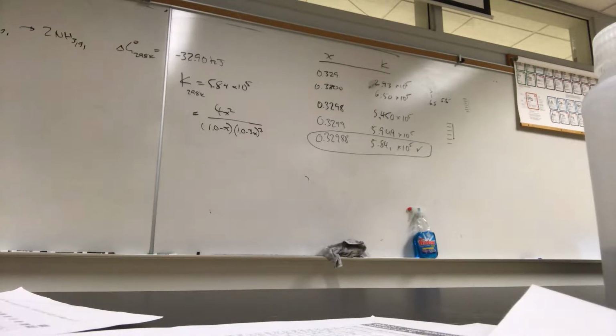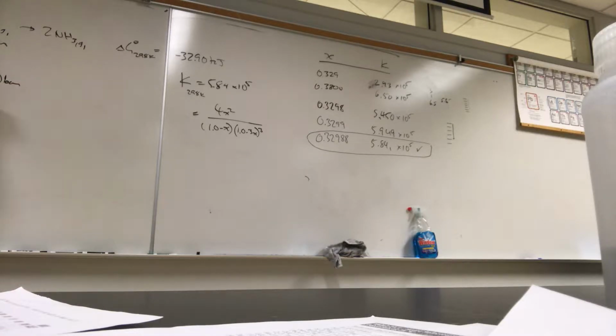All right, and so I see, well, what was my limiting reagent here? Was it the hydrogen or the nitrogen? Hydrogen. The hydrogen was my limiting reagent. So let's go back to the limiting reagent. It's 1.0 bar minus 3x. That's going to give me 1.0 minus 3x bar at equilibrium.